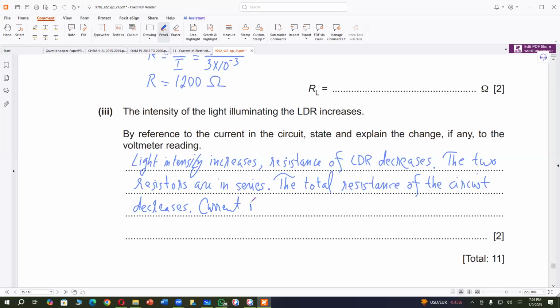Resistance decreases, current increases. So voltmeter reading increases.